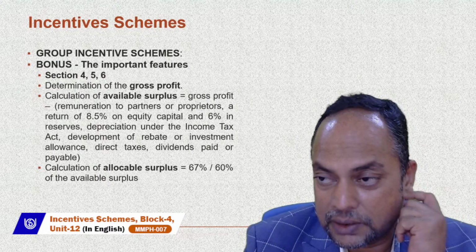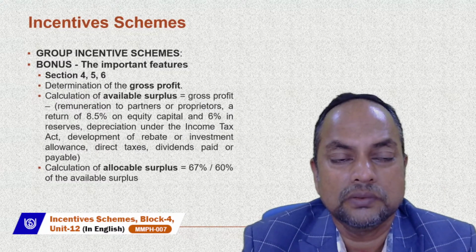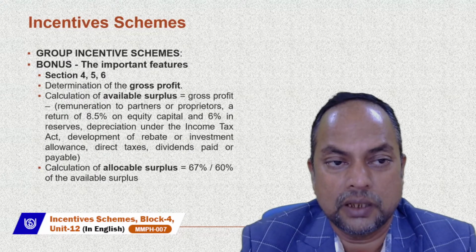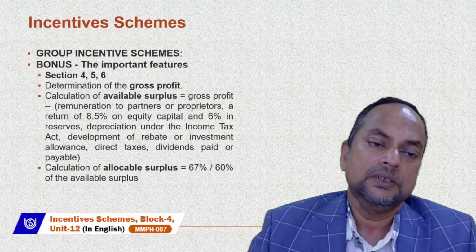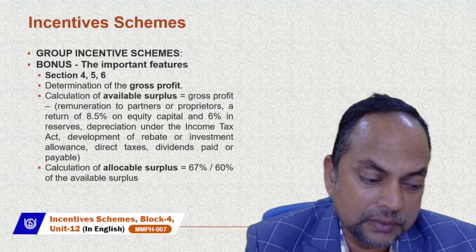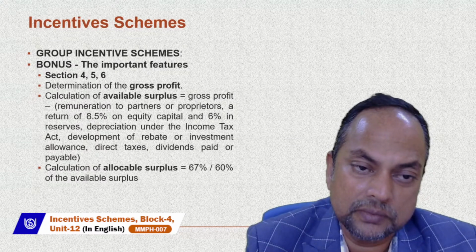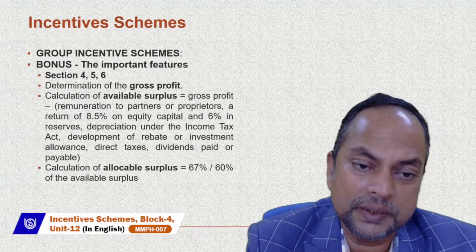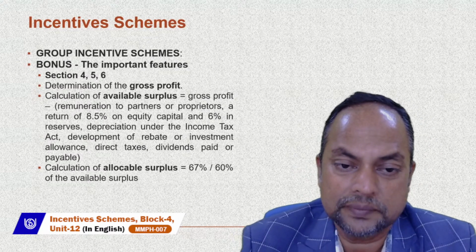Allocable surplus is the actual amount that has to be distributed among the workers, employees. So it is said that for those organizations who have already made the provision for the payment of dividends or who have already paid the dividends to its investors, right?